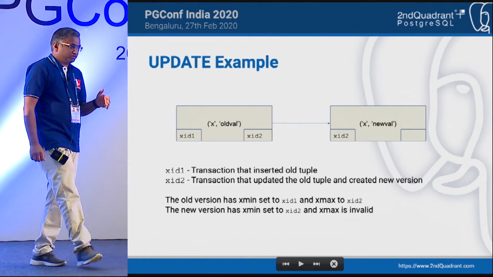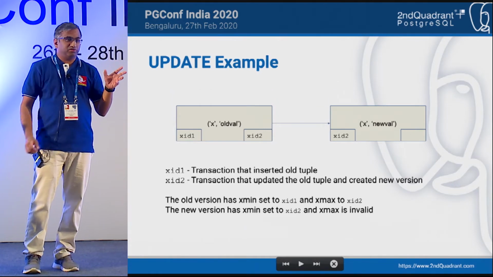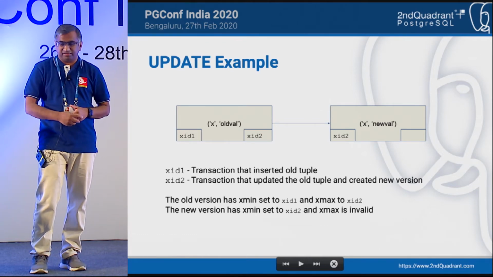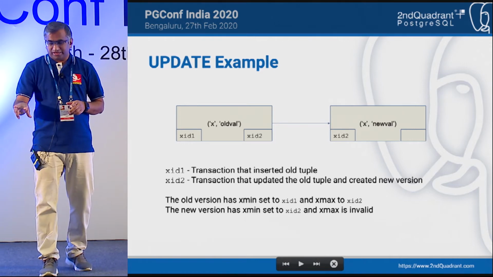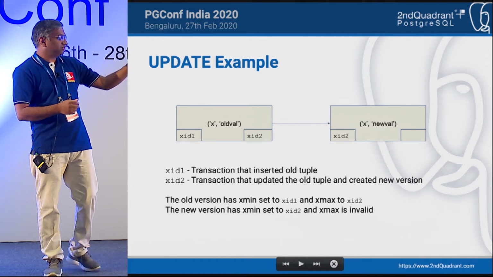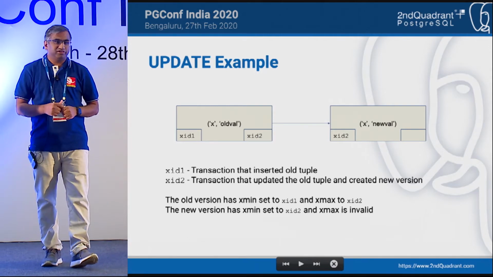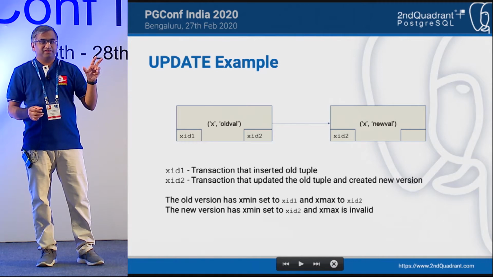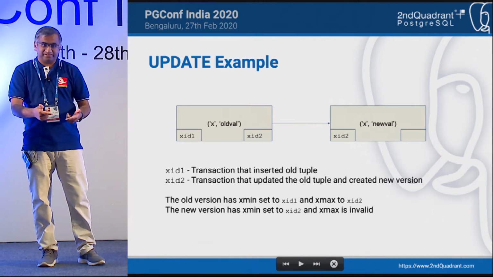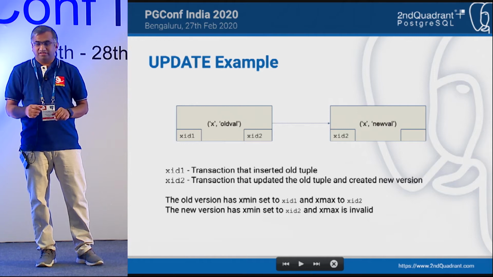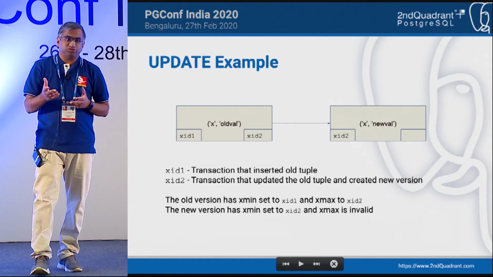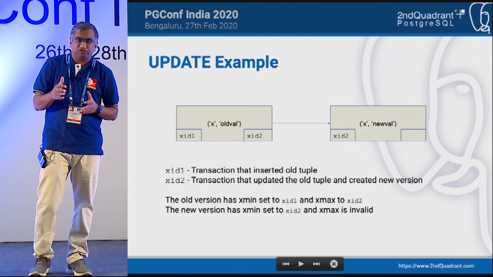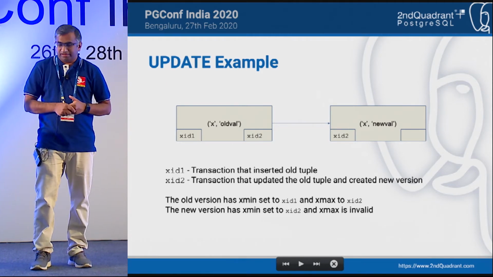To get into slightly more detail about how exactly it happens at the internal level, the 2 XIDs that I have marked there, XID1 and XID2, in the old version of the row, we call them xmin and xmax. Xmin is the transaction which is creating that particular version of the row, and xmax is the transaction which is deleting that row or expiring that version of the row.